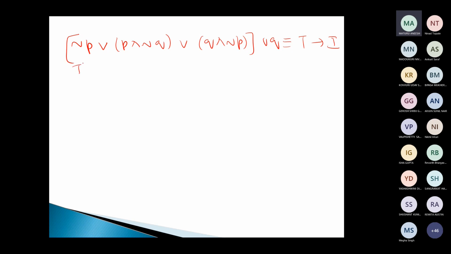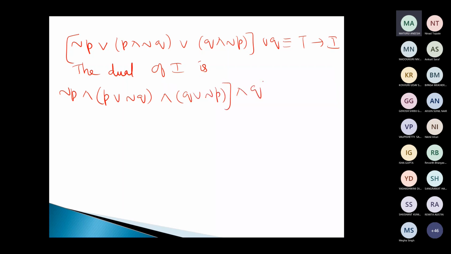So the dual of 1 is not P and, P or not Q, and Q or not P, and Q is equivalent to false. We have to prove this. Okay. We'll say take the left side then.